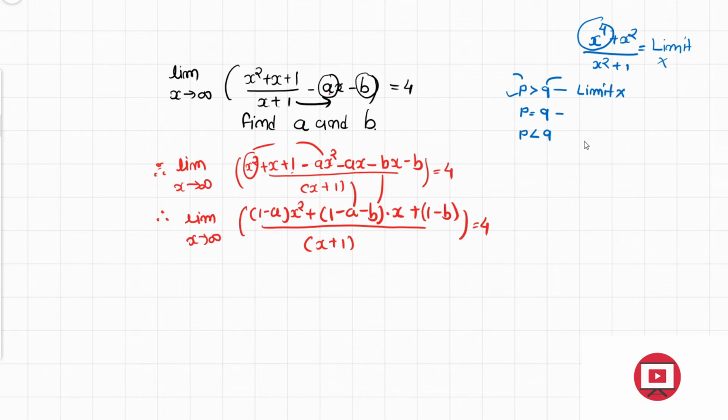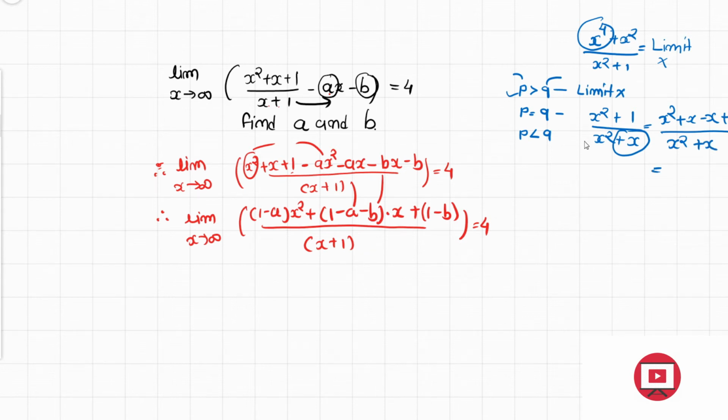For the second case, let us say p is equal to q. Let us try to do it like this. This is some type of function, so let us try to solve that. x square, now in denominator we have plus x, so I can do something like that: plus x minus x plus 1 divided by x square plus x.